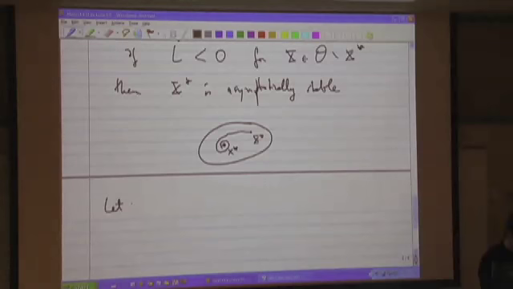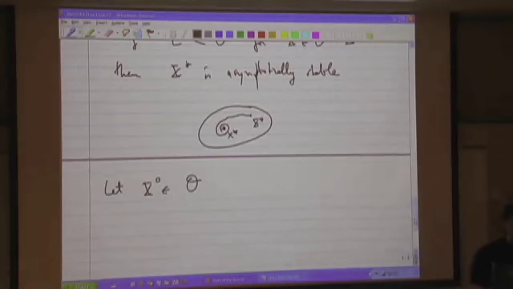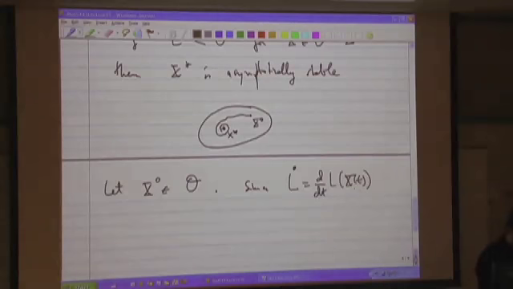So let x naught be any point in this neighborhood, where the Lyapunov function is defined. The first observation to make is that the derivative of the Lyapunov function along solutions, in particular this solution, is strictly negative for t greater than 0. That's what we said has to be satisfied by the Lyapunov function.